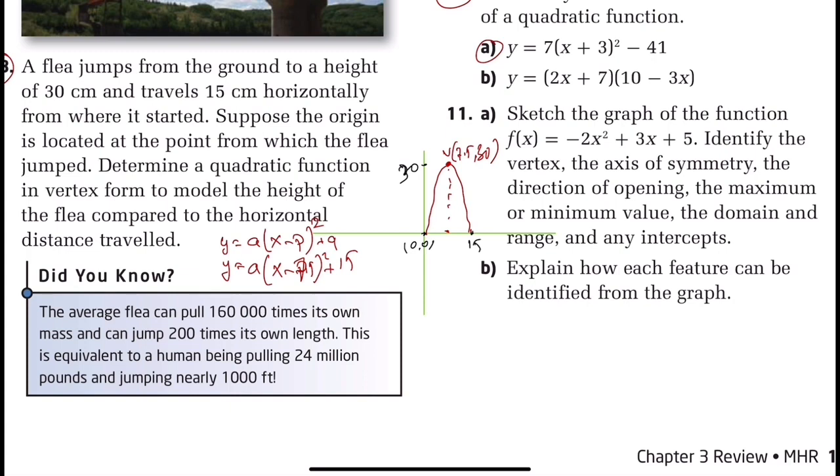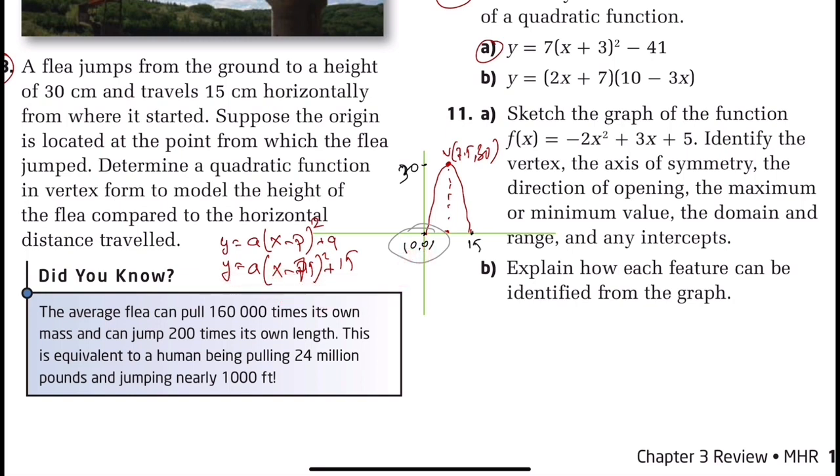To solve this problem, I need to have another point. Let me choose, for example, this point, 0, 0. Why not? So I will replace x with 0 and y with 0.